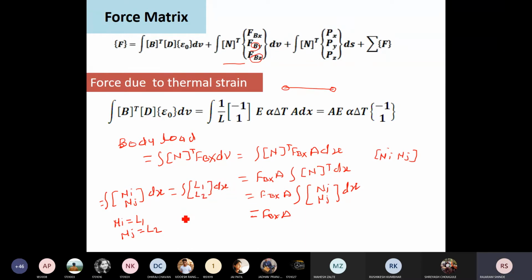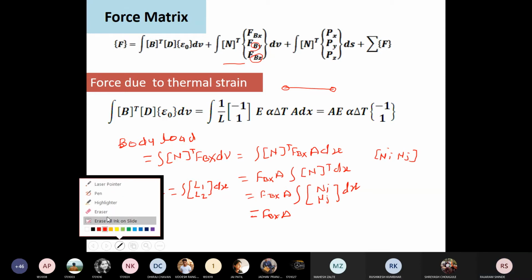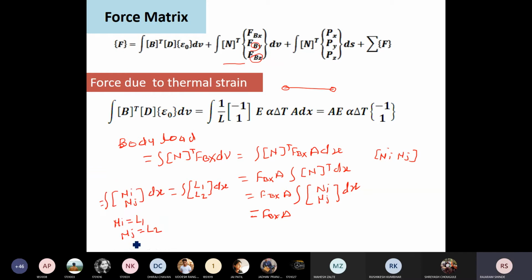Now what is the integration of L1? You tell, Rushikesh Dore. You have this equation; I will write it here. Integration of L1 raised to alpha, L2 raised to beta, over dx or dL. Can you complete it?